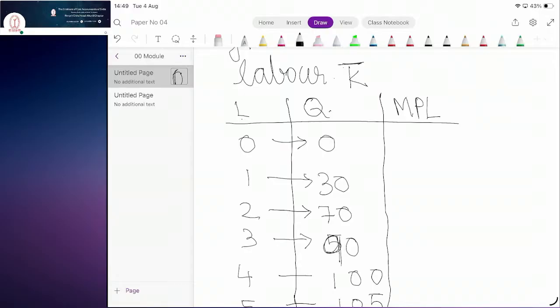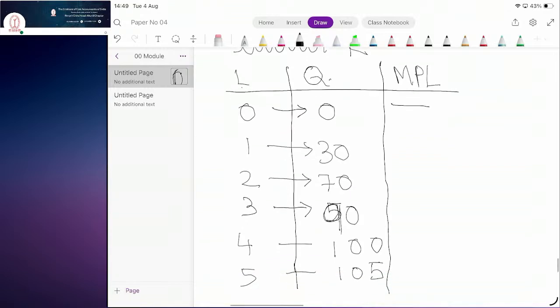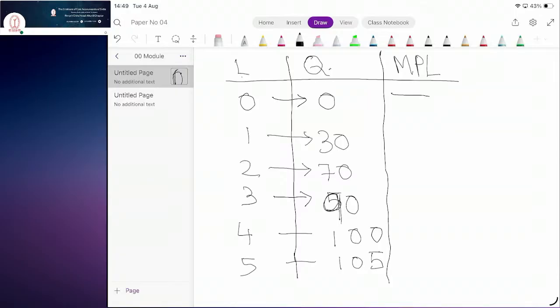I want you to calculate now what will be the marginal product of labor. Look at the first two rows of the column. For 0 units of labor we cannot calculate because additional unit of labor is 1.